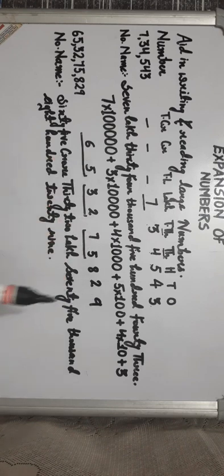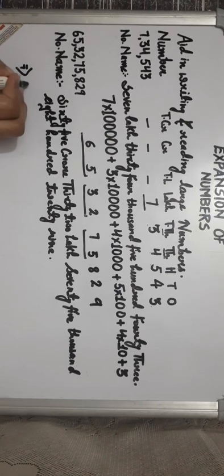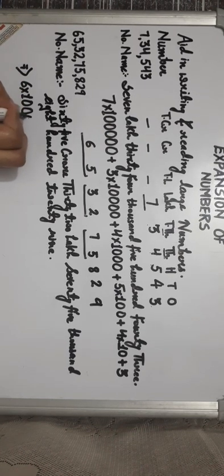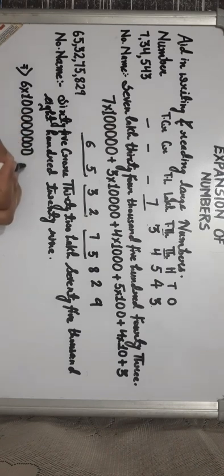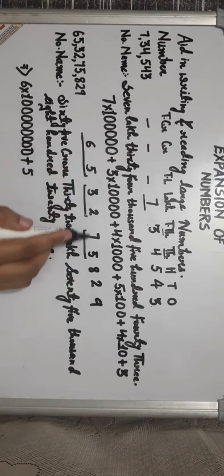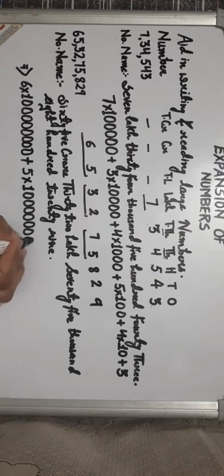So, this will be the expansion. 6 into 1 followed by 8 zeros, plus 5. How many digits after 5? 7. So 1 followed by 7 zeros.